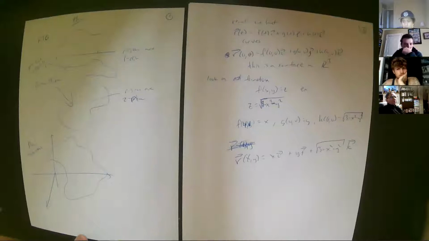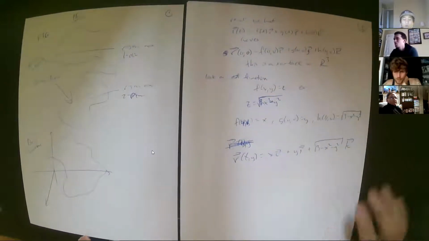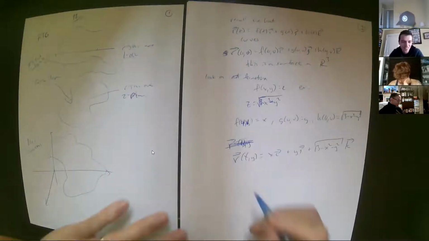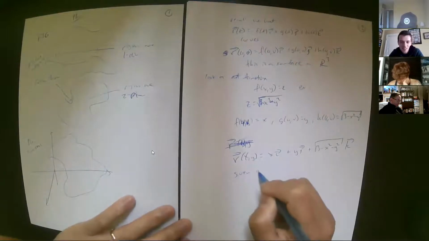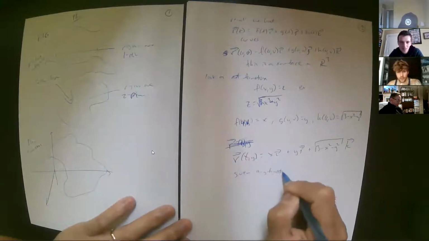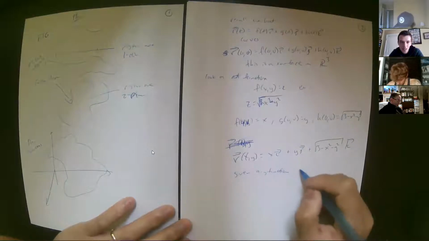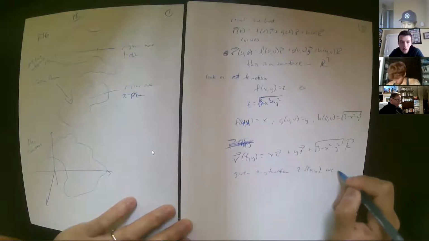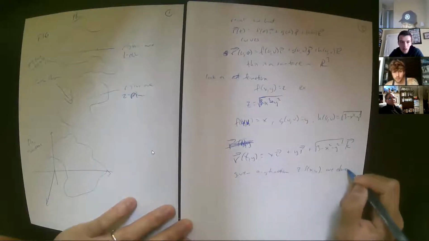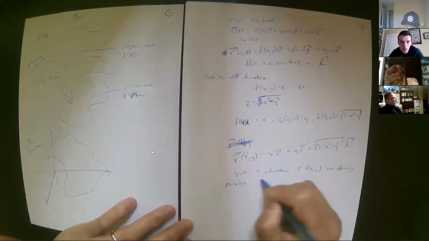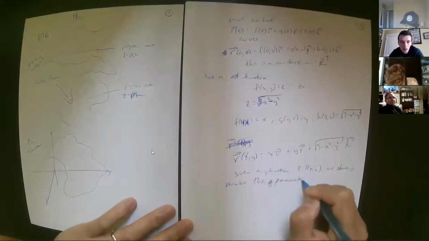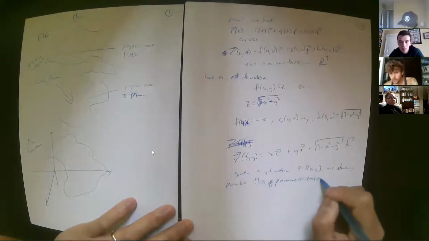Yes. Do you see how we could parameterize any function? Right, so if I have a function, given any function, z equals f of x, y, we can always make this parameterization. Man, my writing is not doing super well today.